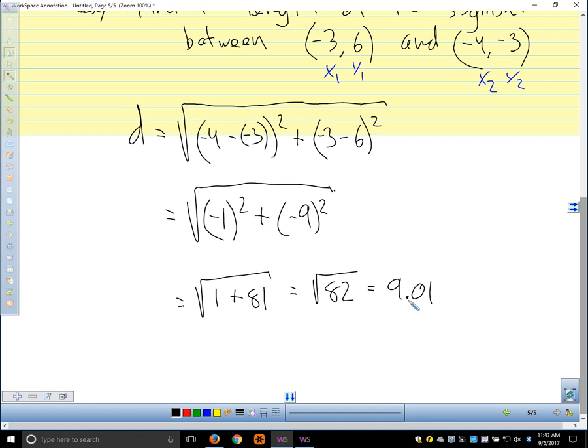So the length of that segment is just a little more than 9 units. All right, questions on our distance formula? So the big thing to remember when you're using the distance formula, once you square everything, you should end up with no negative numbers under your square root in your distance formula.